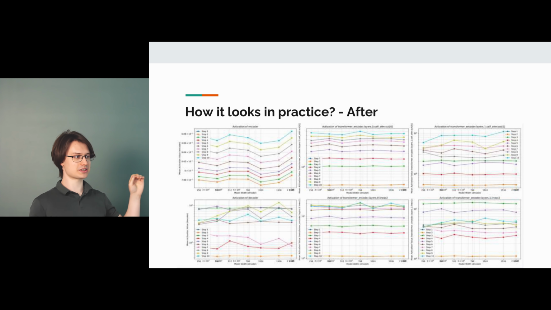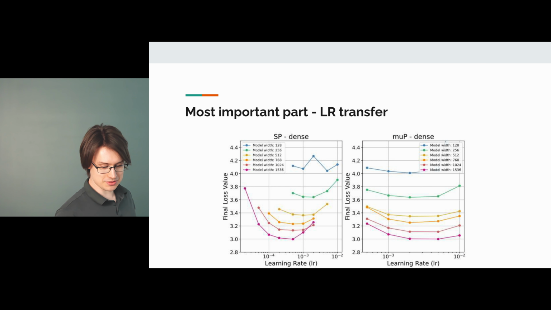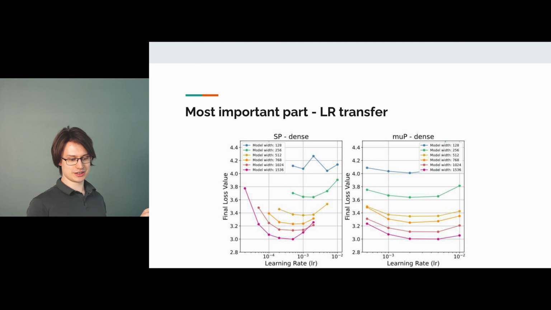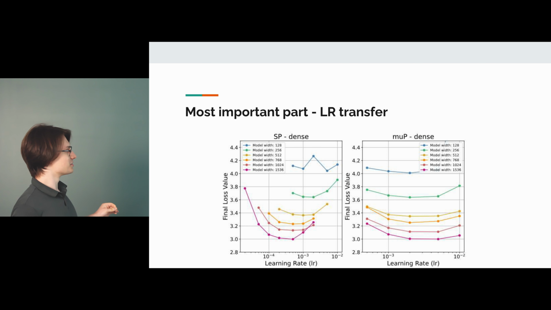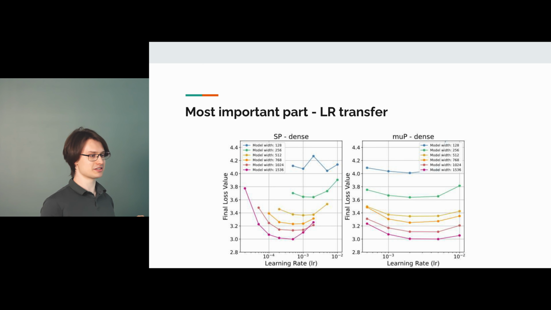That means those activations don't grow or shrink as we scale the model, so we implemented it quite well. And the most important part, we see the learning rate transfer. The left plot is without muTransfer, and we see that the optimal learning rate shifts to the left. But with muTransfer, the optimal learning rate stays roughly the same. It goes a bit to the right, but that's also what happens in the original papers.